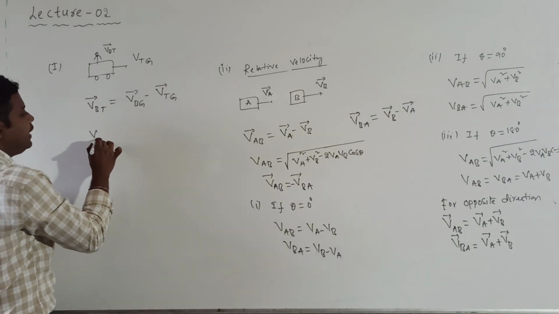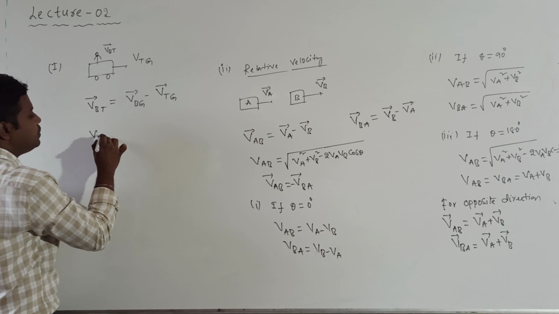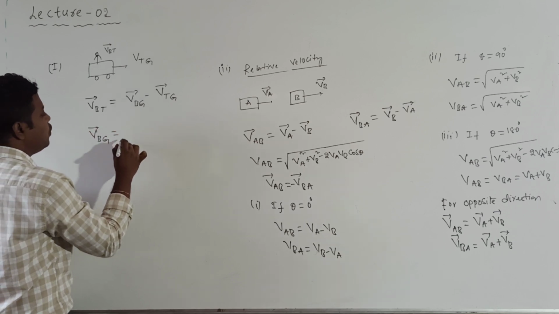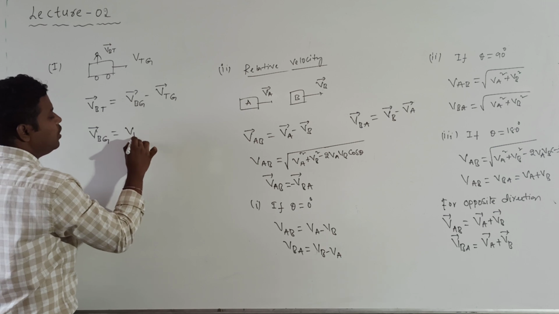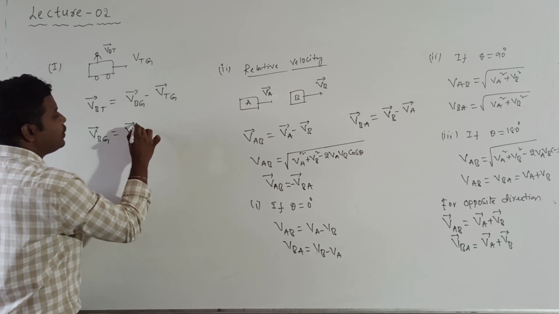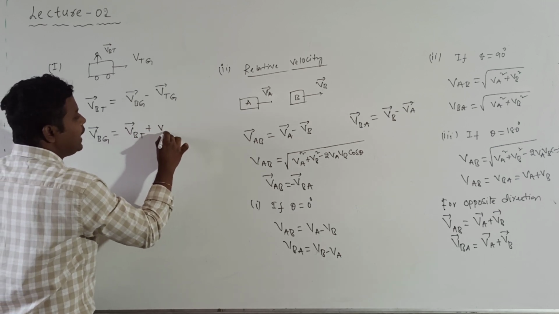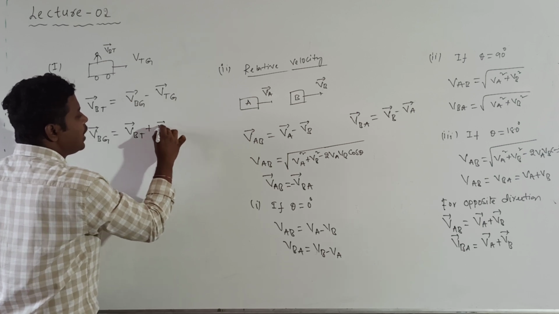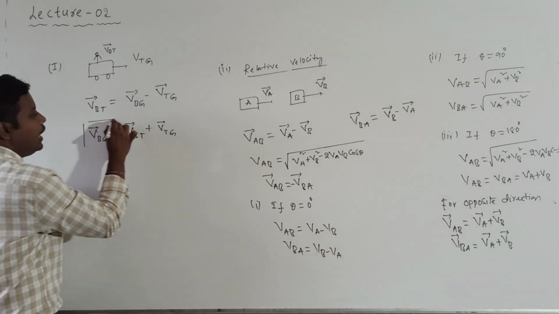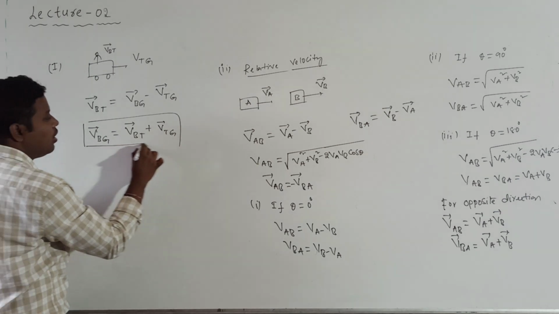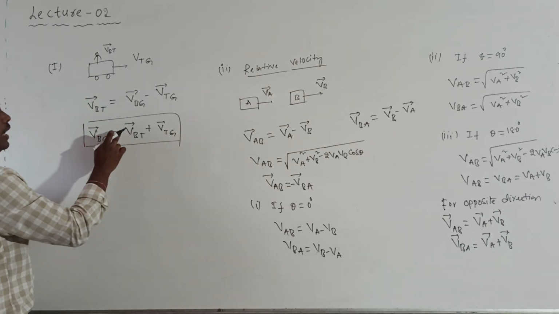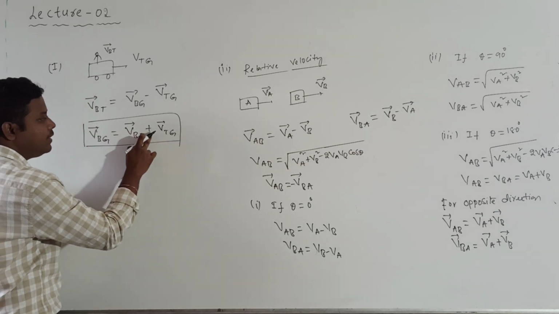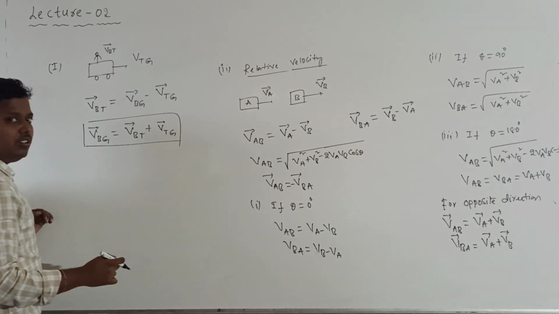I want to calculate the velocity of the boy with respect to ground. That is given by Vbg bar is equal to Vbt bar plus Vtg bar. So this is the formula to calculate the velocity of the boy with respect to ground: velocity of the boy with respect to train plus velocity of train with respect to ground.